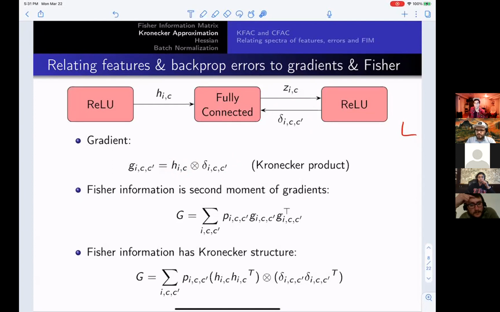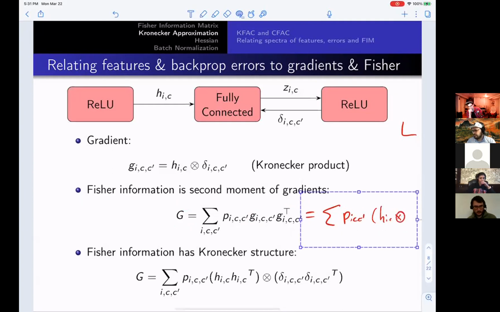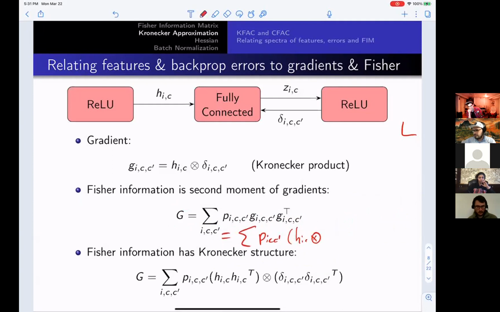Now, we know from a previous slide that the Fisher information matrix is a weighted second moment of these extended gradients. So if you just plug in the extended gradients, what you get is the sum over i, c, c' of pi times h_{ic} Kronecker product with delta_{icc'}, multiplied by h_{ic} Kronecker product delta_{icc'} transpose, right?